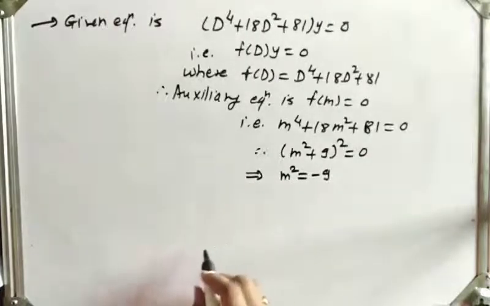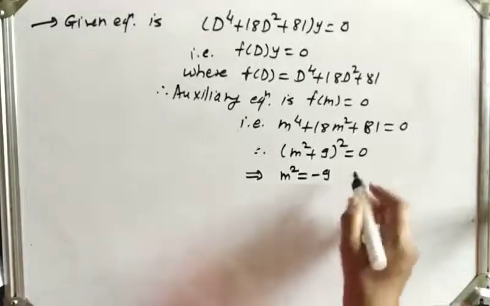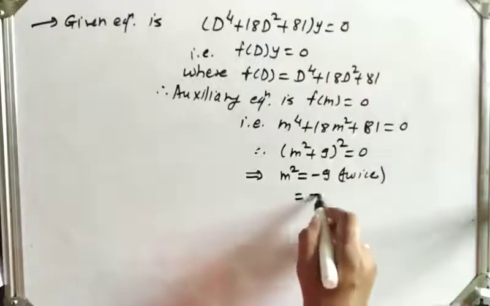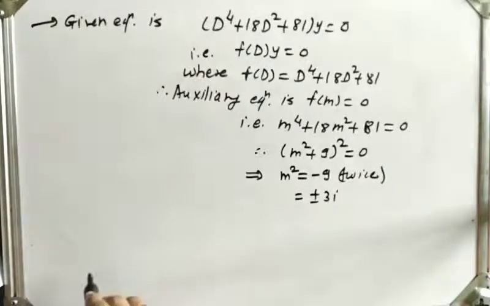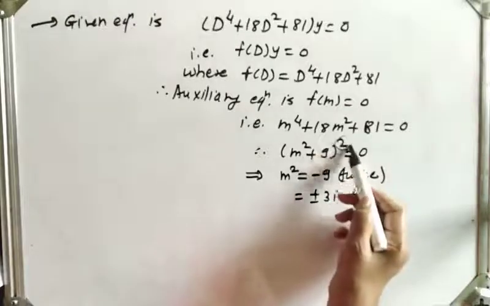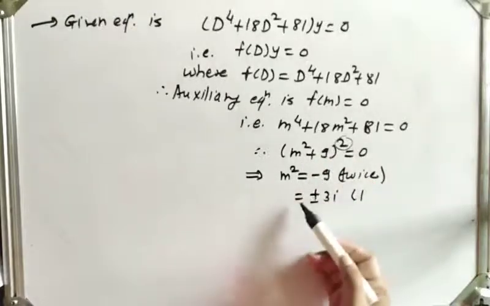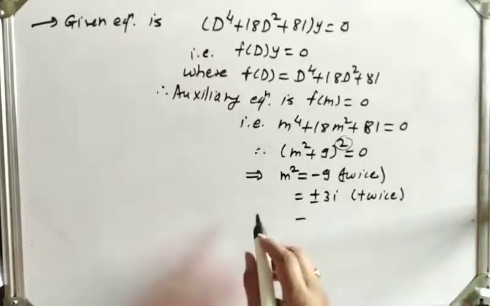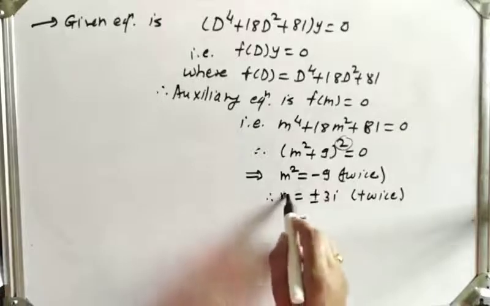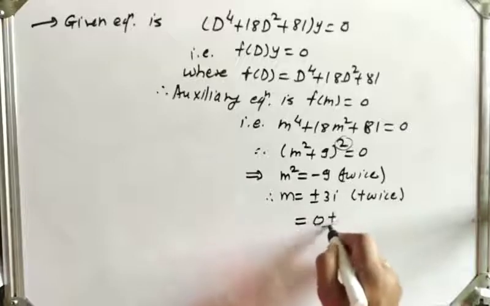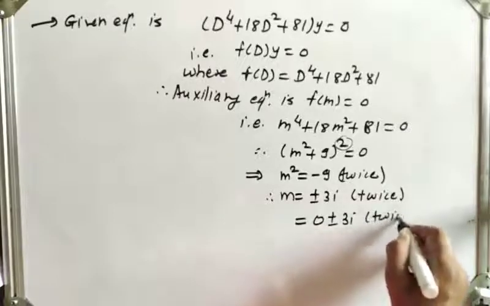We get it twice, so it is plus minus 3i, and it is also repeated because here there is a square. So the roots of the auxiliary equation: m square is minus 9, therefore m is plus minus 3i 2 times, that is we can write plus minus 3i as 0 plus minus 3i, twice.